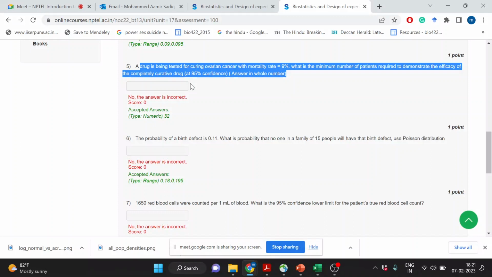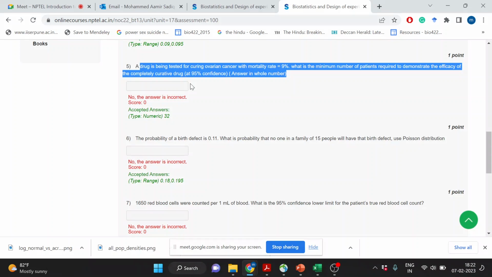The drug has a mortality rate of 9%. It kills 9% of the people. You need to show how many minimum number of patients you need to test the drug on to show that the drug is curative, that is, it cures the disease.